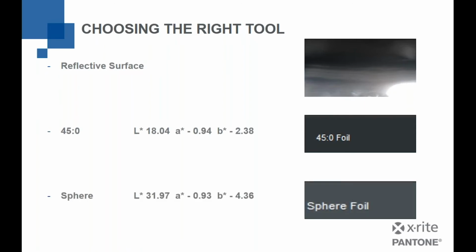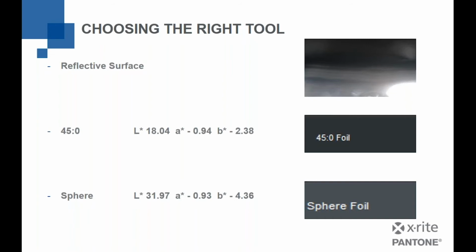If I measure the same exact spot, and by the way, when I did these measurements, that's exactly what I did. The spots of the samples were identified so that in each case we're always measuring the exact same place to eliminate any variation that might exist within the sample. So with a sphere, it's seeing it as a gray. It's a pretty dark gray, but you can see there's a significant difference in the L value.